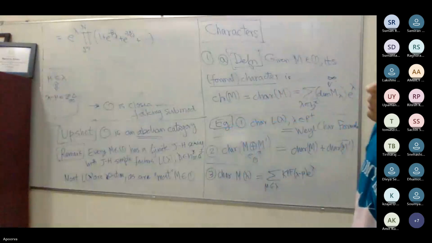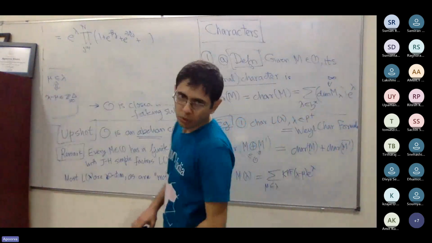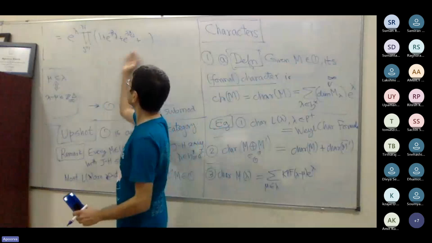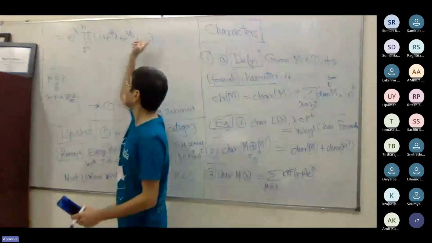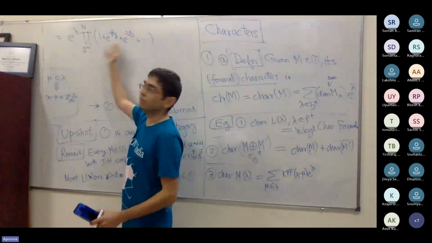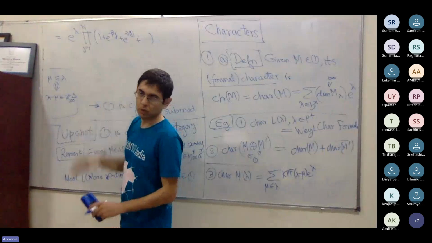The point being, if you want mu, then from this product you isolate the coefficient of the power that is e power minus lambda plus mu.